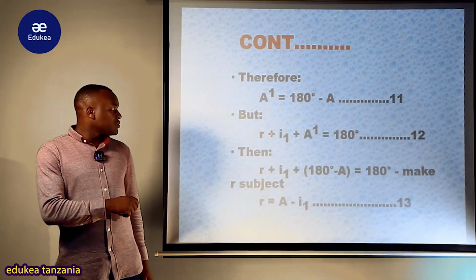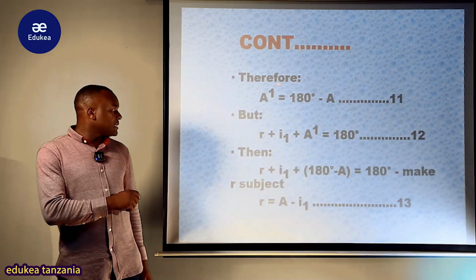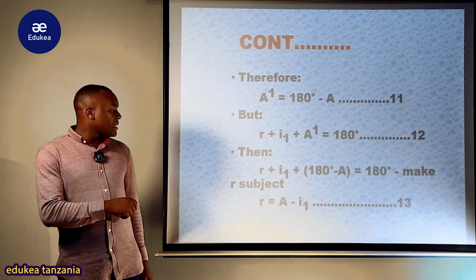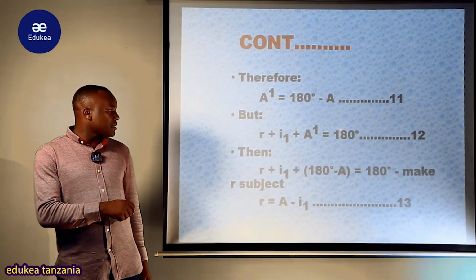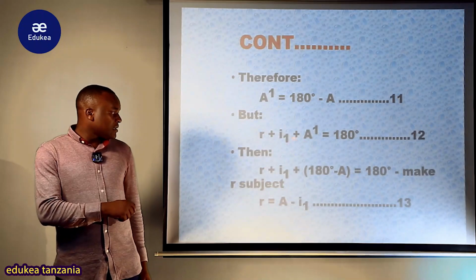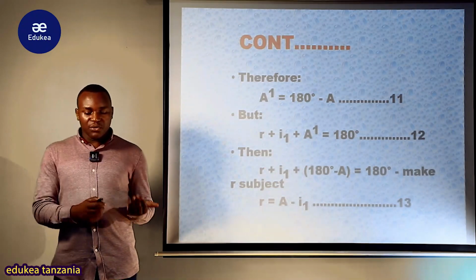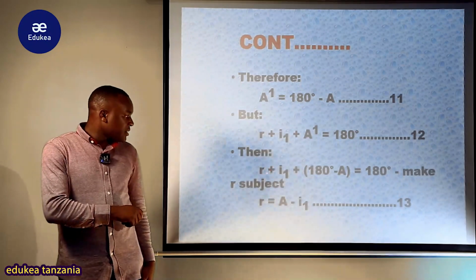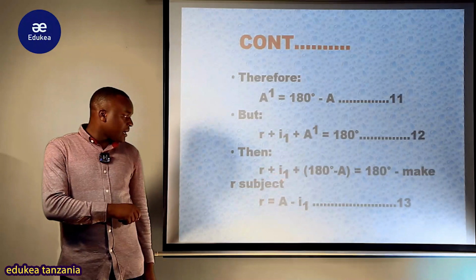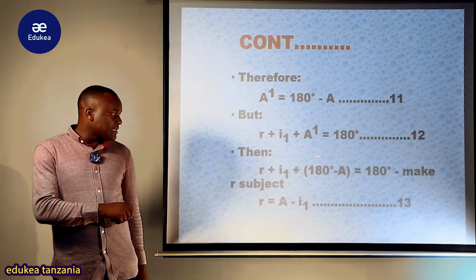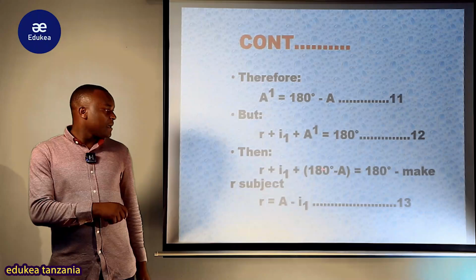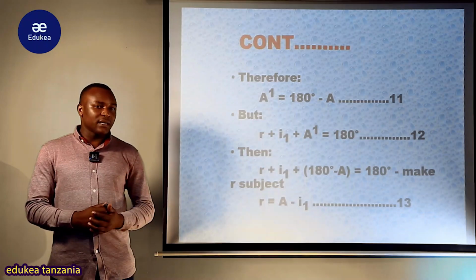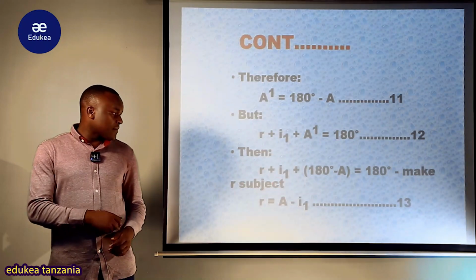Then njoo hapa tuseme kumpata huu sawa sawa R plus I1 plus A1 sawa sawa 180. Then hii formula ukiendelea kuinyumbua utakuja kupata R plus I1 plus into the bracket 180 ukitoa A ni sawa sawa na 180. Then make R the subject.